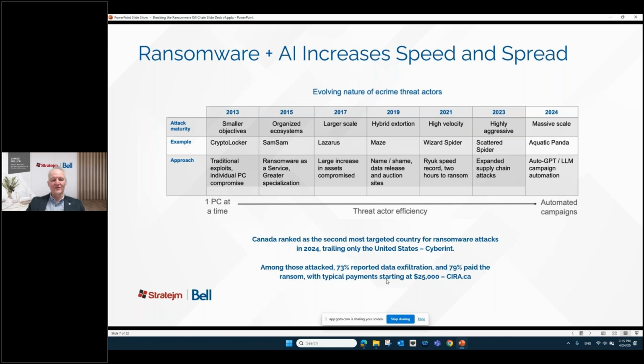And now we're talking 25,000 in cryptocurrency equivalent. But that was the start. Payments can go up to a lot more than that. And you never know if they have another copy when your data gets back to you, especially if it's been exfiltrated. So you never know. It's a ticking time bomb whether that information will ever be released.